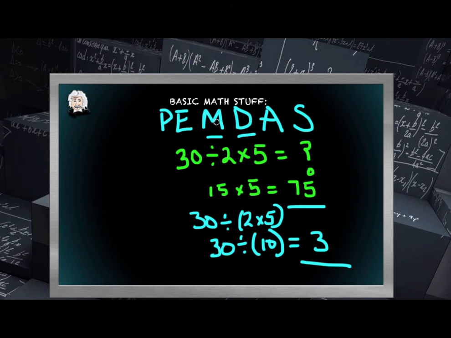We have to be careful about PEMDAS. Really, what PEMDAS says is do multiplication and division at the same priority, working left to right. So if division is left of multiplication, and it is in this case, we would do that first, which means we really do the 30 divided by 2 to get to 15 first. And likewise, addition and subtraction are essentially the same level of order in PEMDAS.